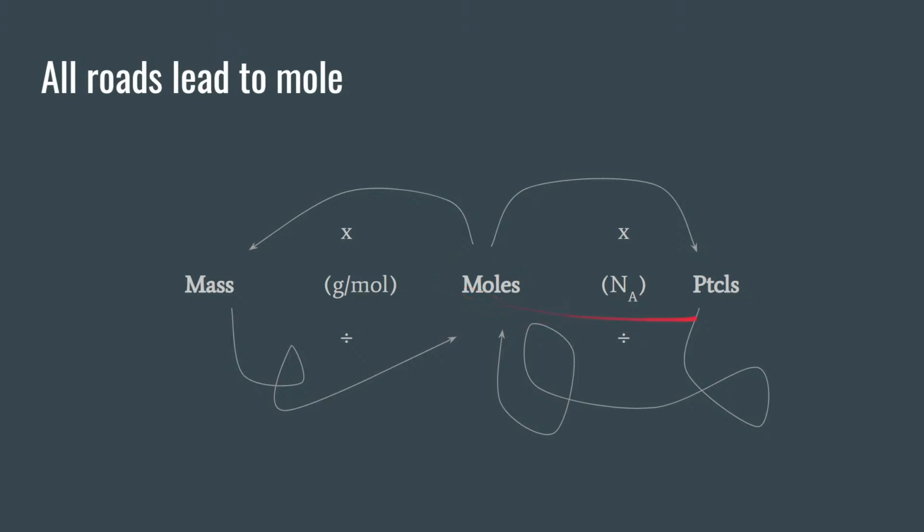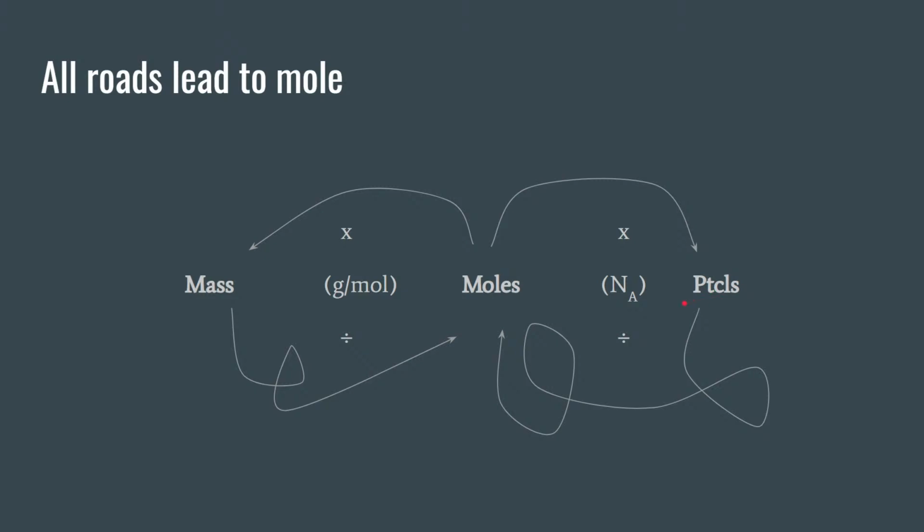Moles have the same ratios that you get with particles. 2 molecules of hydrogen react with 1 molecule of oxygen to make 2 molecules of water. 2 moles of hydrogen react with 1 mole of oxygen to get 2 moles of water. So they have that same ratio, but they aren't the ridiculously huge numbers that you get with particles.